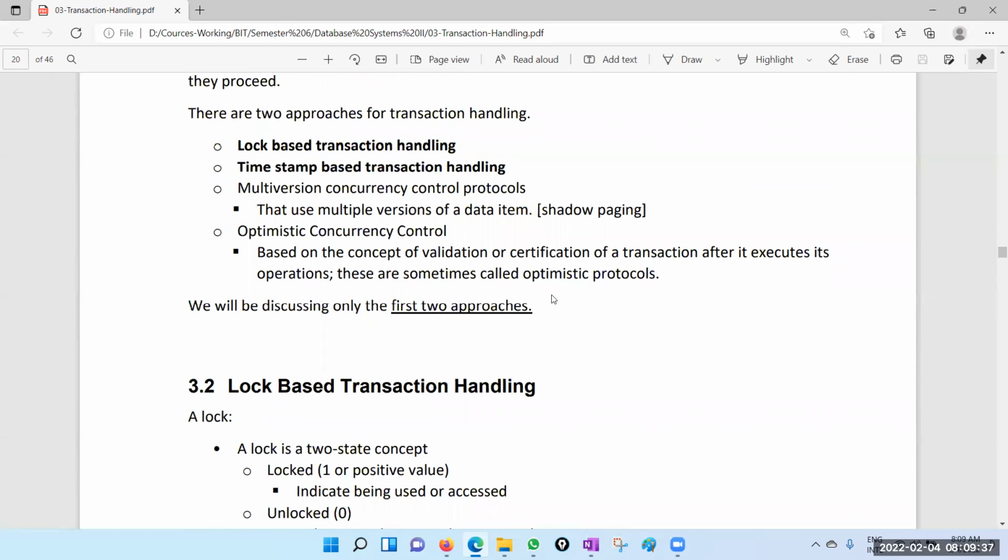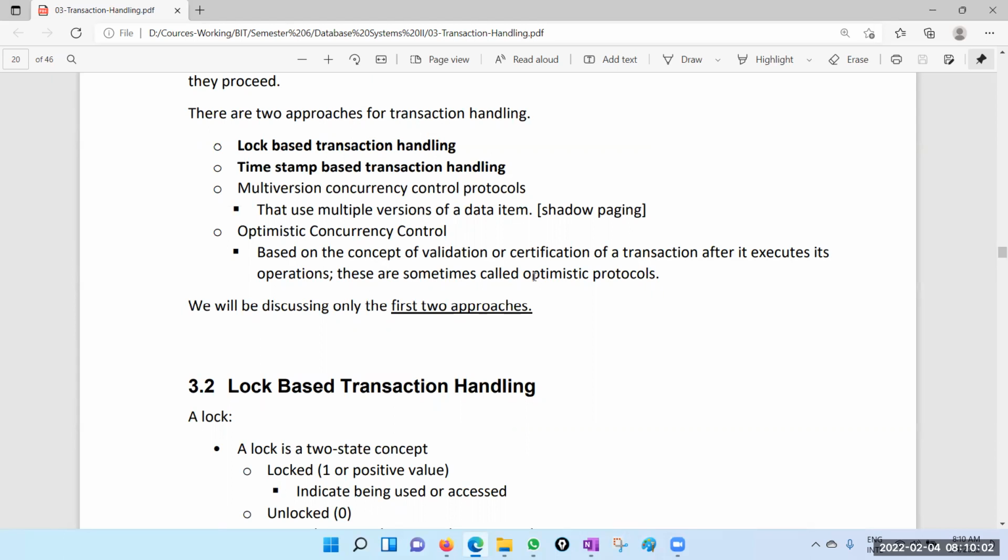Both are based on the same philosophy, the same strategy, but they are two different tactics. Right. So now let's look at log-based transaction handling.